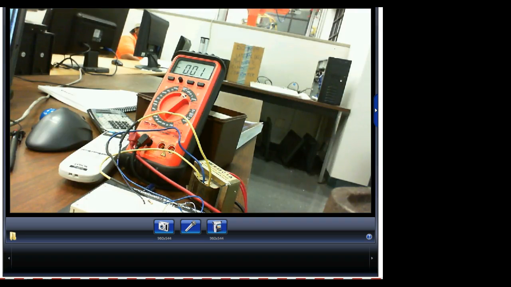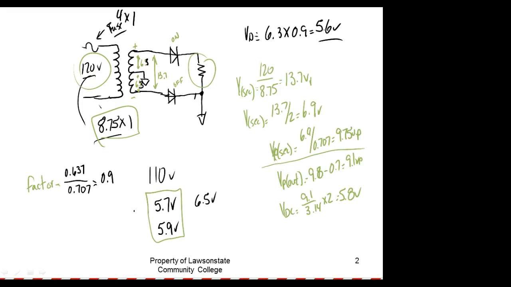And let's see how we got. So what did we calculate the other way? Using all the math, we calculated 5.8 volts. Here we're saying we're going to get 5.6. Look at that. There's only 200 millivolts difference between this approximation and what we calculated. Another problem we have, of course, is that when we say 6.3 volts, is the transformer going to give me 6.3 volts?